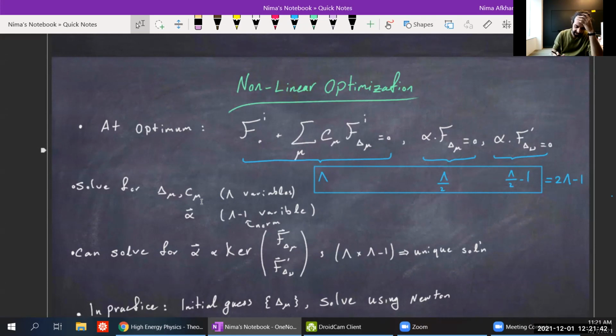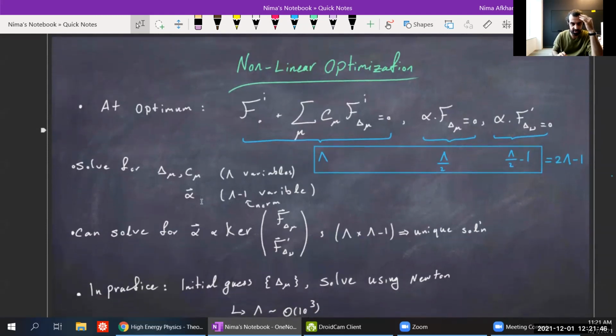However, in this simple case, notice that the 2 sets of equations, the truncated bootstrap equations and the equations that impose the roots, sort of decouple. The reason is that I can explicitly just write down what the alpha is once I have the solutions to the truncated equation. Explicitly, it's the kernel of some matrix that I can write down.